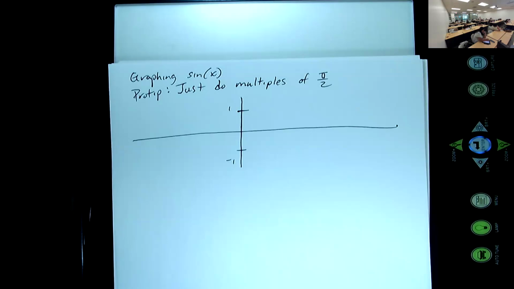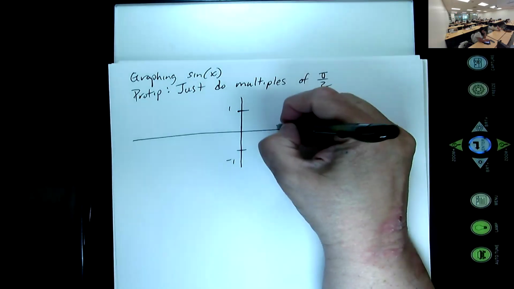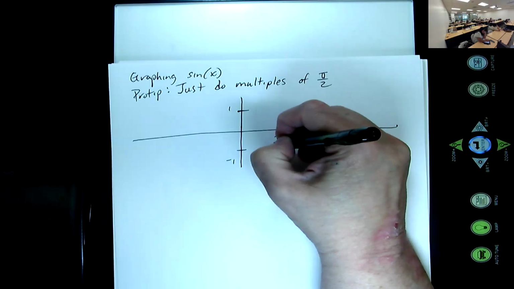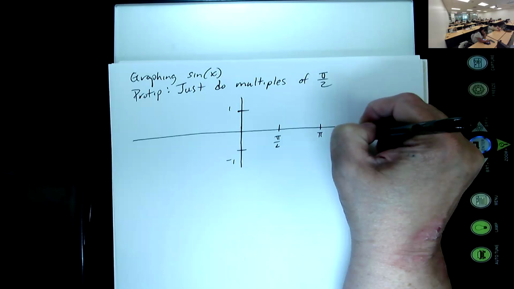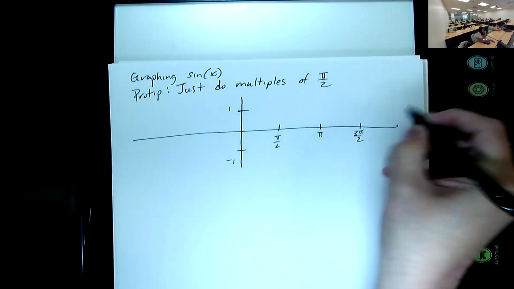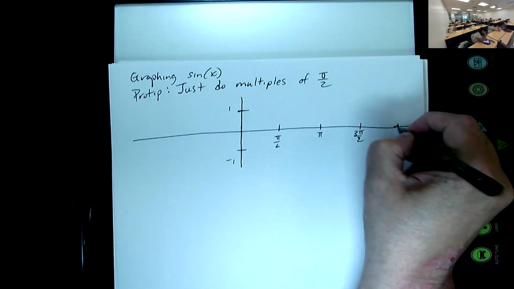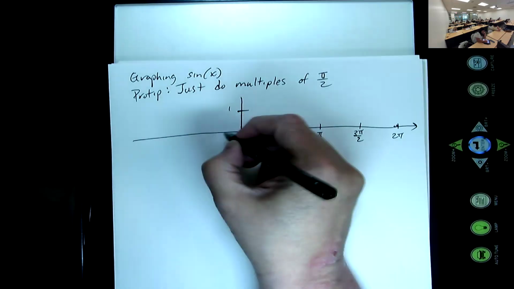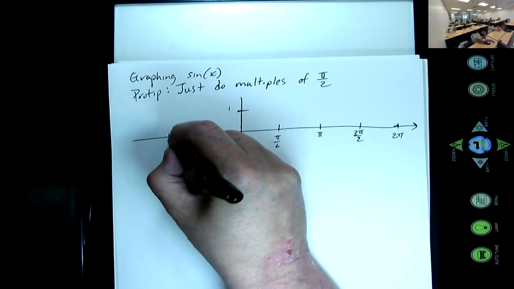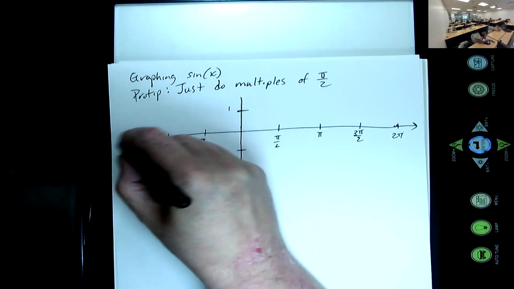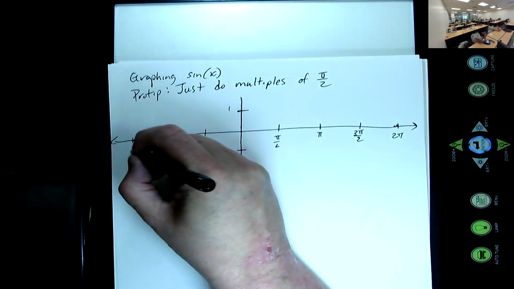And since I'm going to be doing pi over 2, I'm not going to put in 1, 2, 3, 4 along the horizontal axis, I'm going to do pi over 2. So pi over 2, pi, 3 pi over 2, 2 pi. And we'll go the other way a little bit: negative pi over 2, negative pi, negative 3 pi over 2.